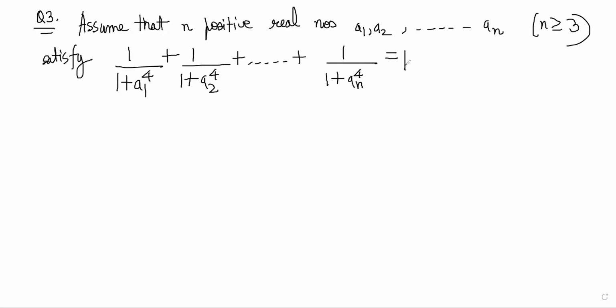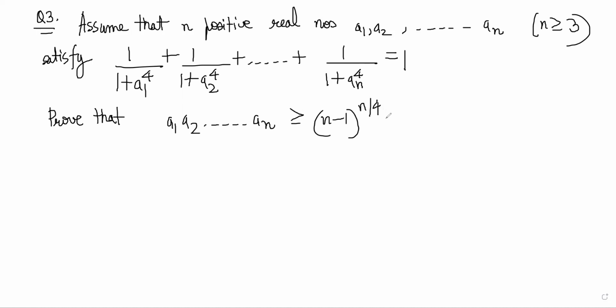We have to prove that the product of a1, a2 till an is greater than or equal to (n minus 1) to the power n by 4. Now in this question again, we have to think of the right substitution.